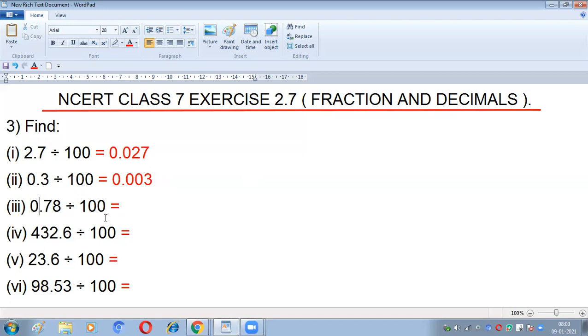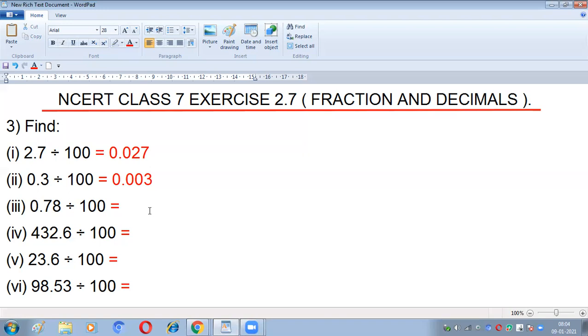One digit is 0 and we will put another 0, because after the decimal point there is only one digit, and starting from the left-hand side of the decimal point there is only one digit, but we need two digits. So to make two digits we will add one extra 0.